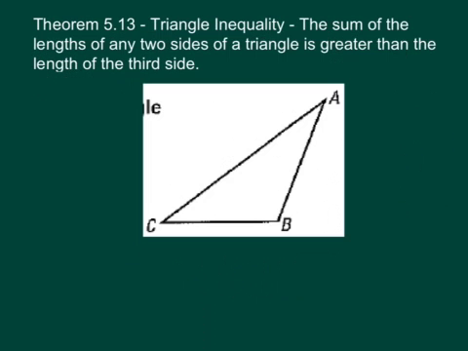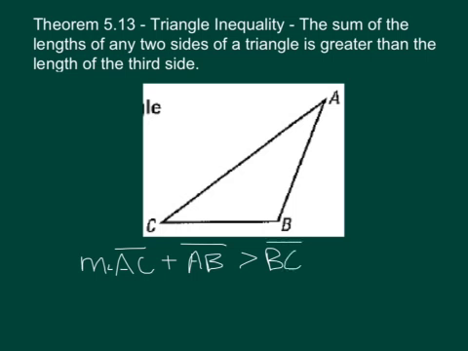Okay, the last theorem for this lesson is theorem 5.13. That's the triangle inequality theorem, and that just says that the sum of the lengths of any two sides of a triangle is greater than the length of the third side. So that means that the measure of AC plus the measure of AB is going to be greater than that third side, BC.